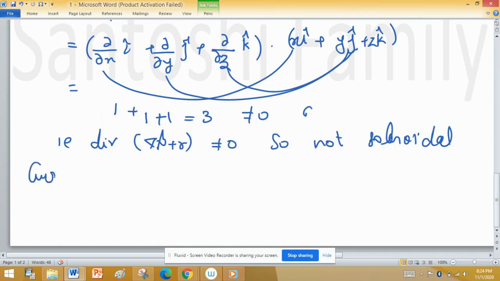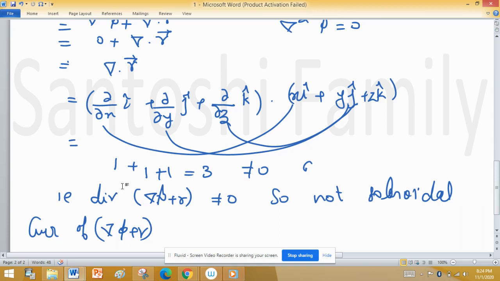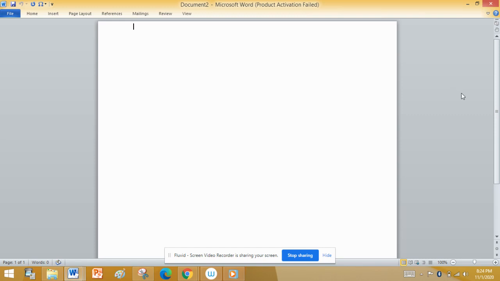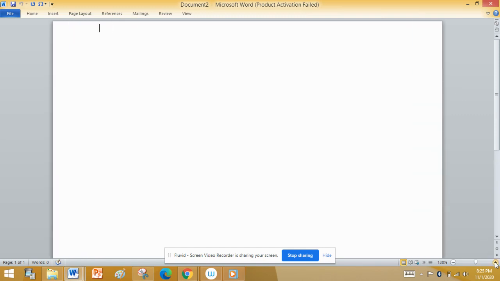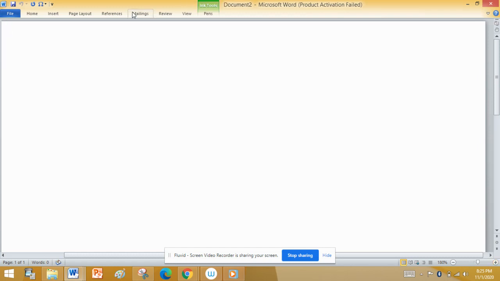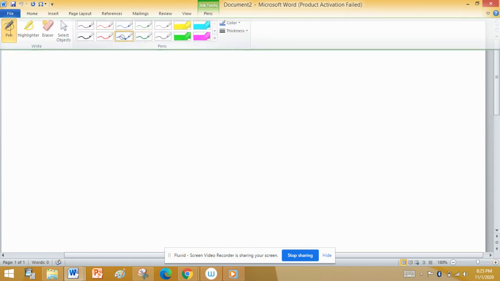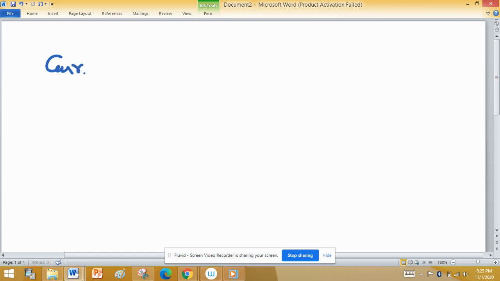So curl of gradient phi plus r; r is a position vector.